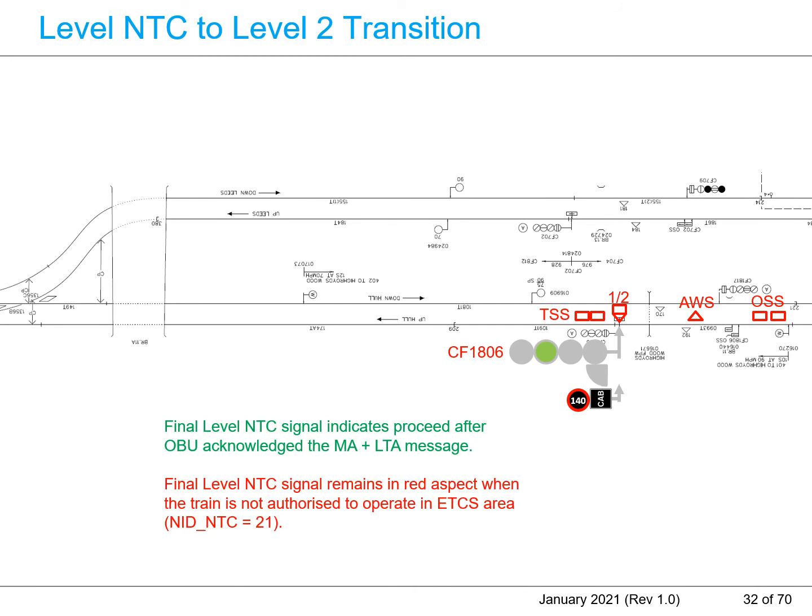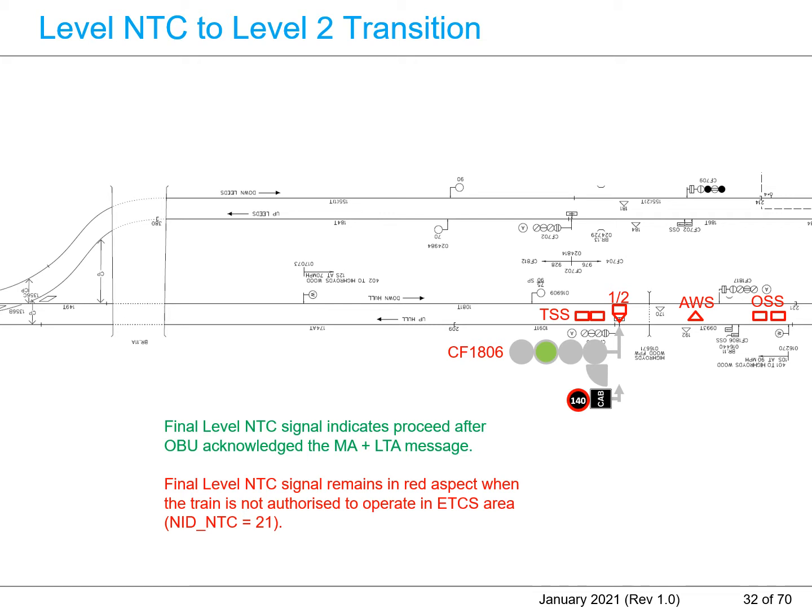The interlocking system that controls the color light signal CF1806 will only display proceed aspect on the signal after the radio block center has confirmed that the ETCS on board has acknowledged the movement authority and the level transition announcement message.